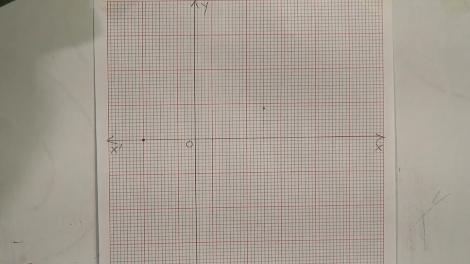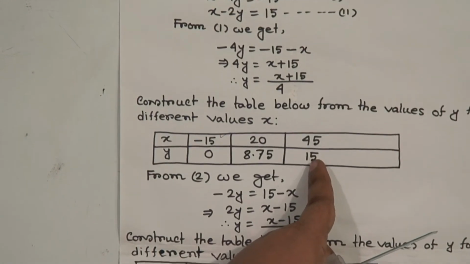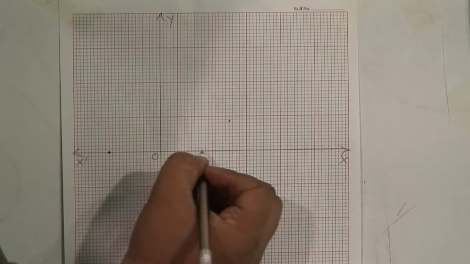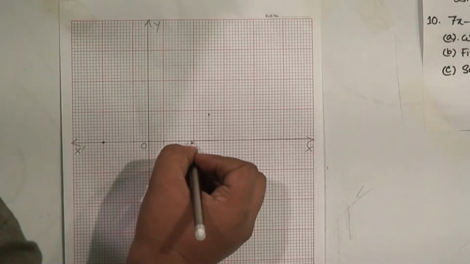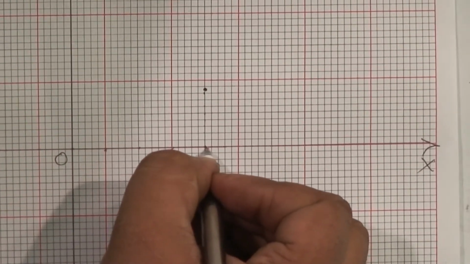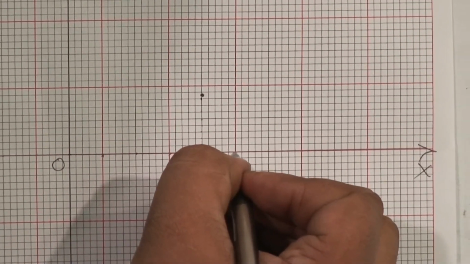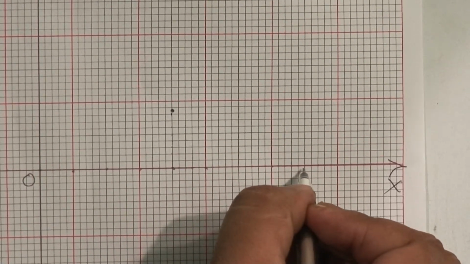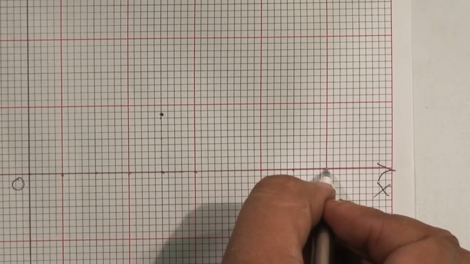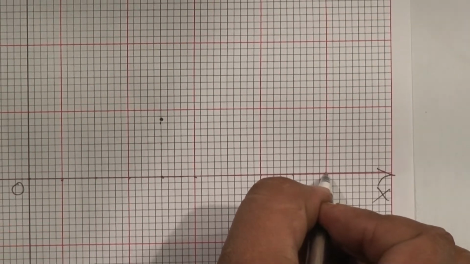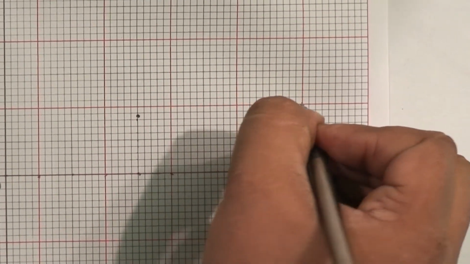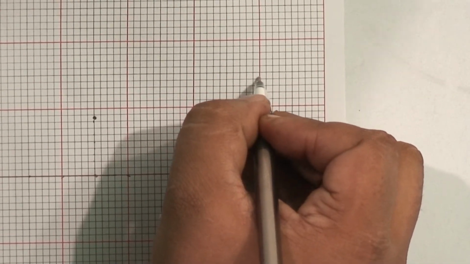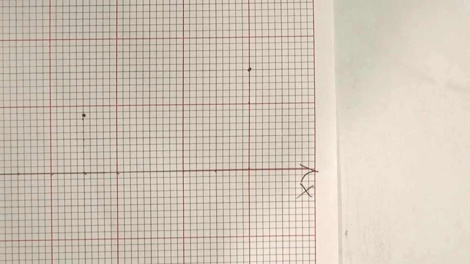After that (45, 15). Notice this is 5, this is 10, this is 15, this is 20, this is 25, this is 35, this is 40, and this is 45. For 45 and 15, this is 10 and this one is 10, 11, 12, 13, 14, 15. Okay.